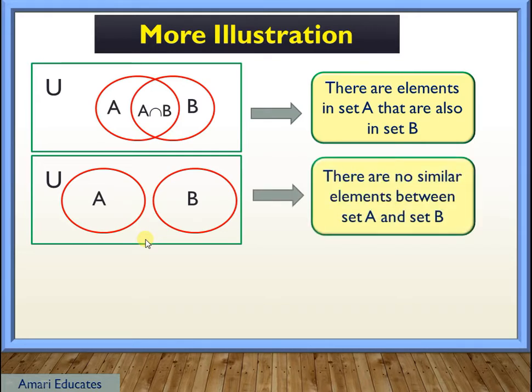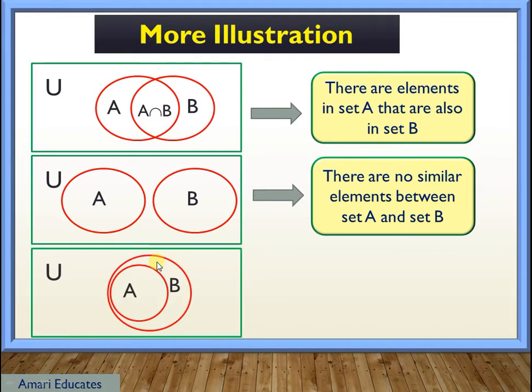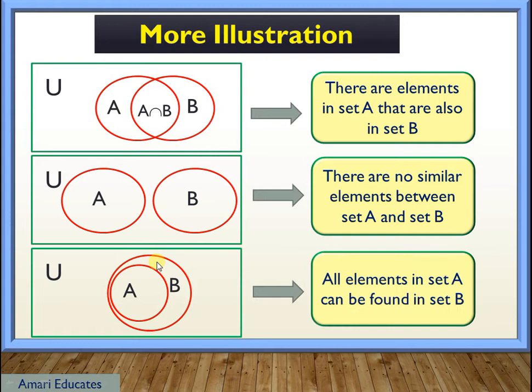No. So there are no similar elements between set A and B. What about the third one? What can you say about this? All elements in set A can be found in set B, or we could say that A is a subset of B.